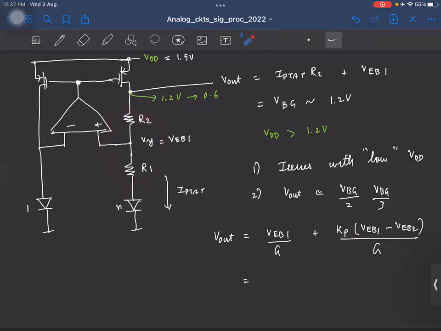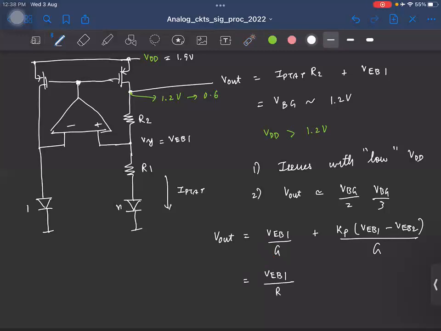R2 by R1, right? So you see that any kind of gain you want, we generate it based on ratios of two resistors. That will make sure that that gain is constant and doesn't change a lot with temperature. Okay. So then similarly, even for generating this gain G, we'll realize it using ratios of two resistors.